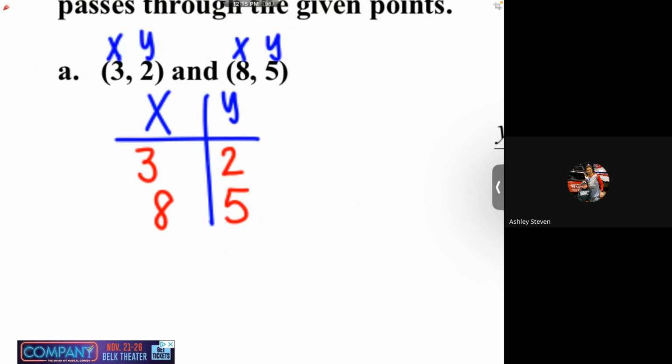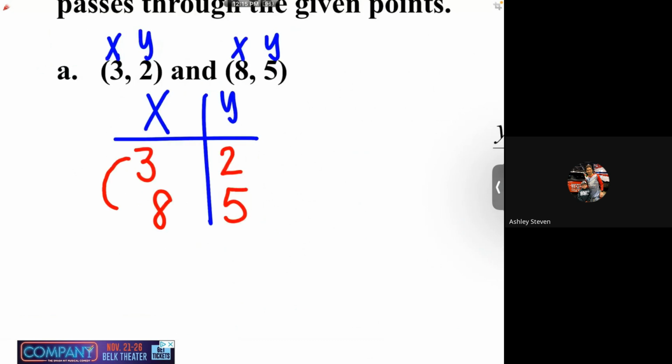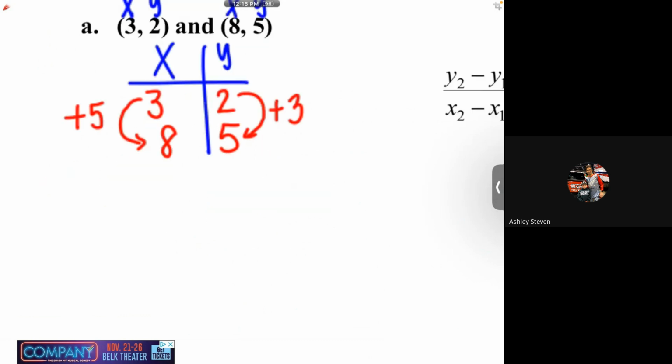Yes. So what is my change in x? How do I get from 3 to 8? How do I get from 2 to 5? So what goes on top? 3 over. So I really didn't add anything new. It's just not in a table. You have to put it in the table.